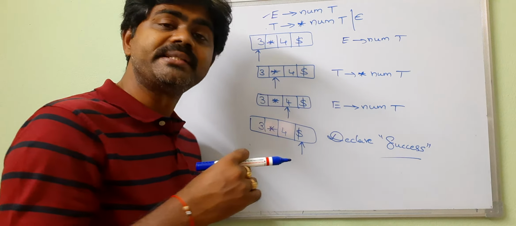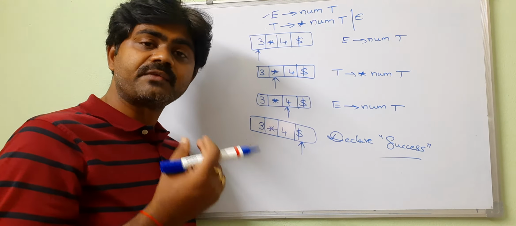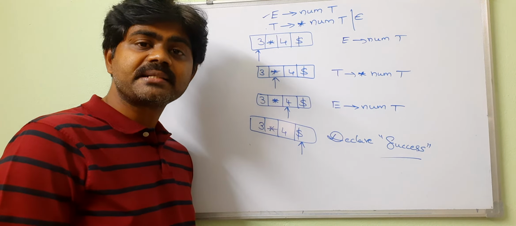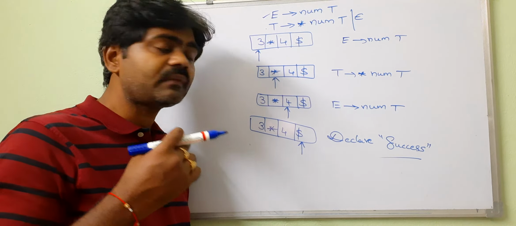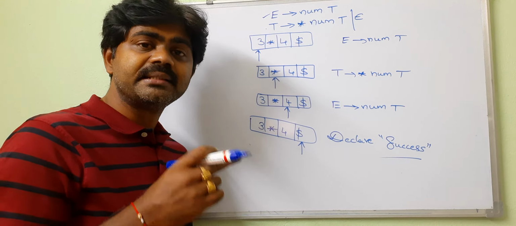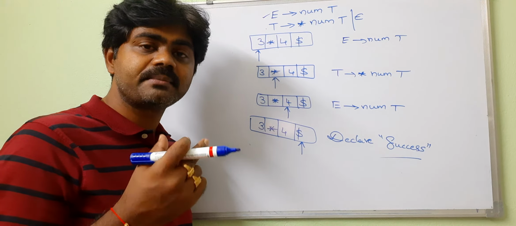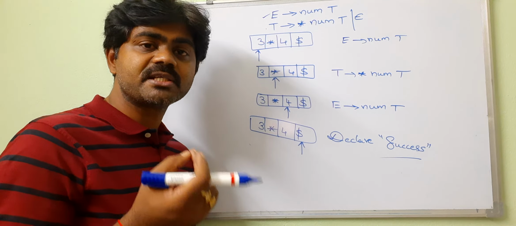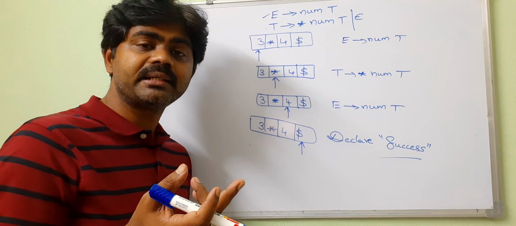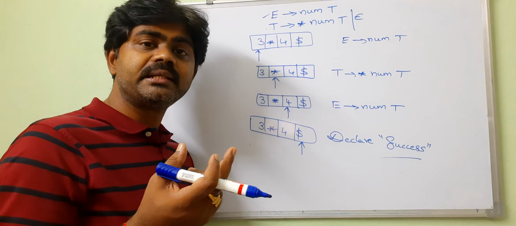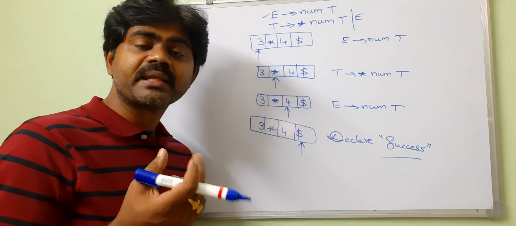So we'll just make a review on it. So what we discussed. So what is a recursive descent parser? A recursive descent parser is how the RHS is solved and finally how we declare success by following some basic steps. Okay, so first if we encounter a non-terminal, we'll call the procedure of that non-terminal. If we encounter a terminal, we'll use look ahead to match that terminal.